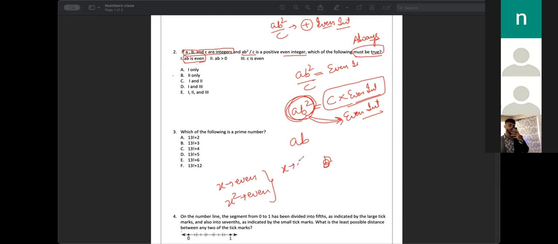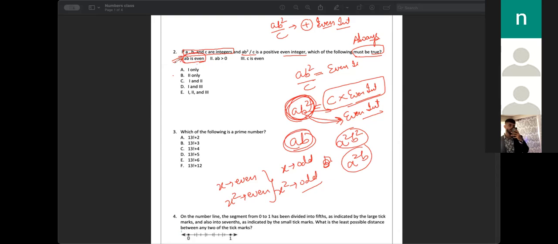If some number X is odd, X square would also be odd. So whether it is AB square, AB, A square B square, or A square B, all of them would be the same in terms of being odd and even. They won't be different. So if AB square is even, definitely AB is even. So the first one is true for sure.